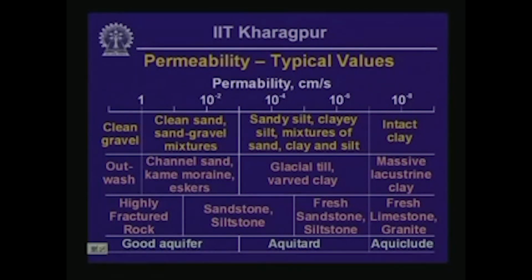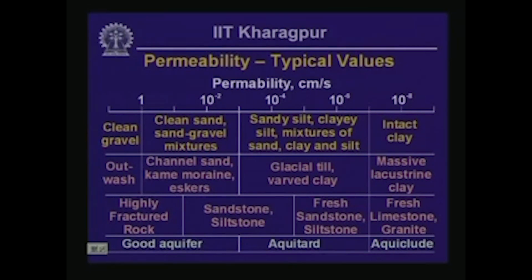Channel sand, kame-moraine and eskers typically have permeability between 1 centimeter per second and 10 to the power minus 3 centimeter per second. Glacial tills and varved clay have even smaller permeability, ranging between 10 to the power minus 3 and 10 to the power minus 7.